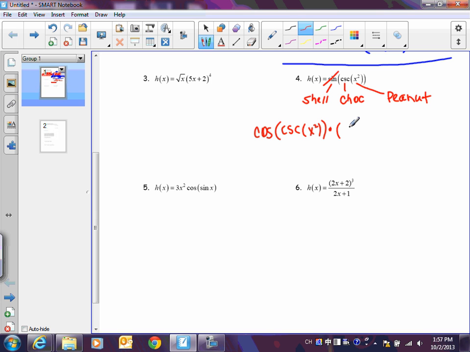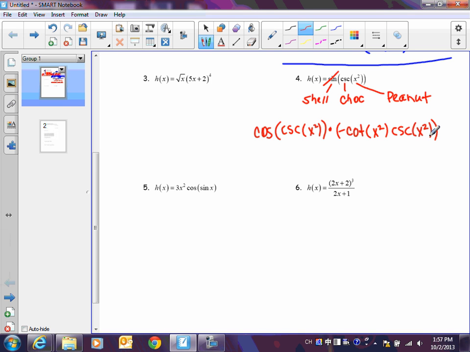Negative cosecant cotangent. Is the peanut changing yet? No. So when I write this, I have to write it as negative cotangent x squared, cosecant x squared. You can't just write x there. You have to write x squared because that's what the peanut is in this case.